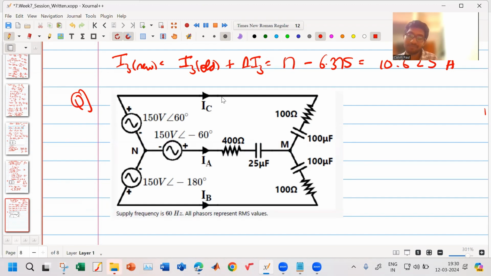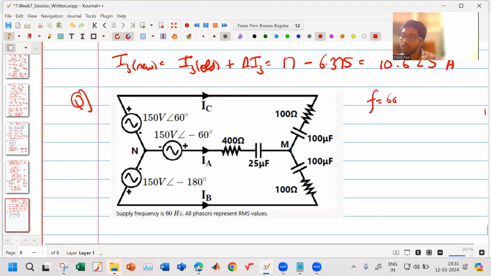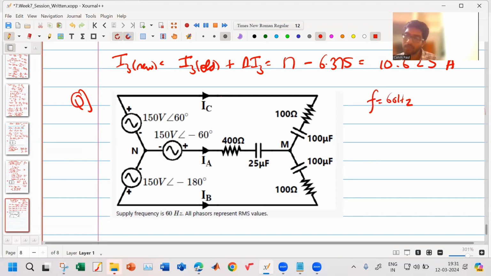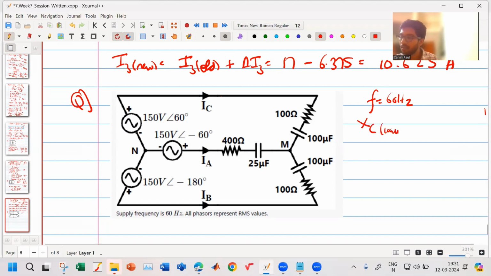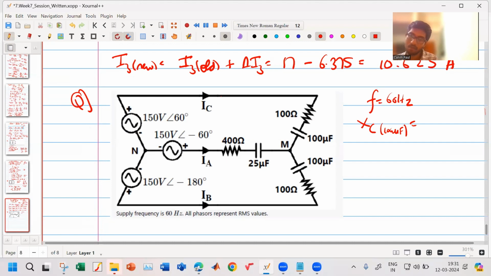Sir, because the frequency is given, we can find the capacitor reactance. So you start with what was given. You are given frequency 60 hertz. So now you can find the capacitive reactance. What will be the capacitive reactance for 100 microfarad? 26.525, sir.